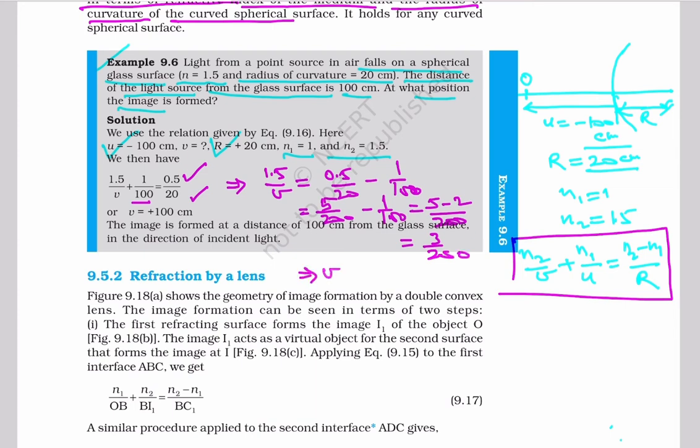So V is equal to 200 divided by 3 into 1.5, that is equal to 300 by 3. So we get 100. Right.